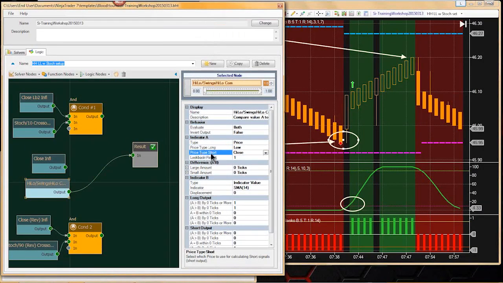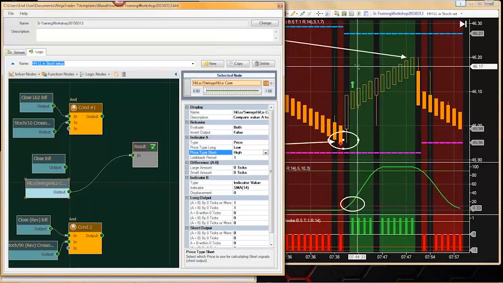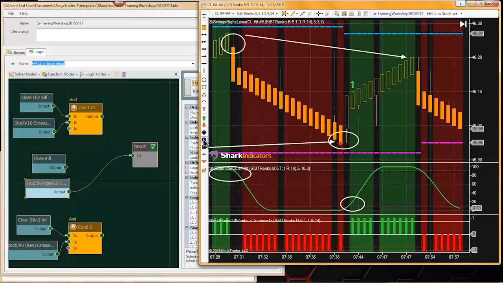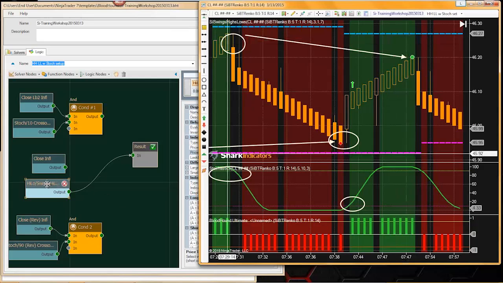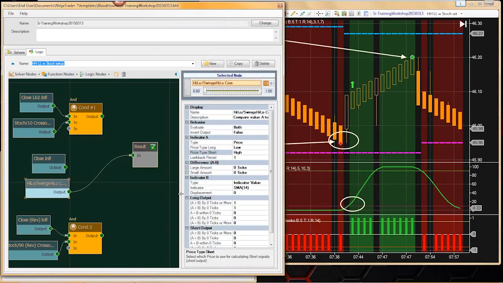And then essentially the opposite is going to be true for getting a short output. We're going to be using the high of the bar. If we're looking for a short trade signal here, we're going to be using the high of the bar and comparing it to the swing price, to that swing plot line.